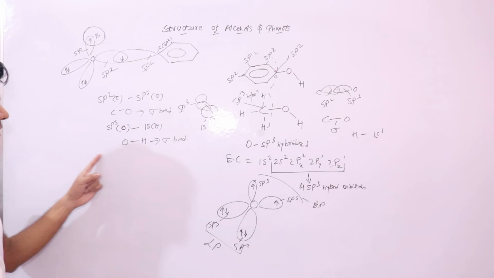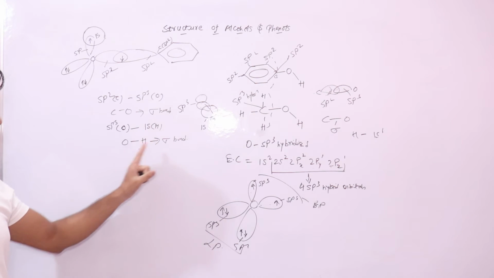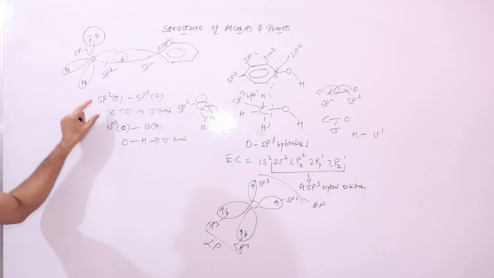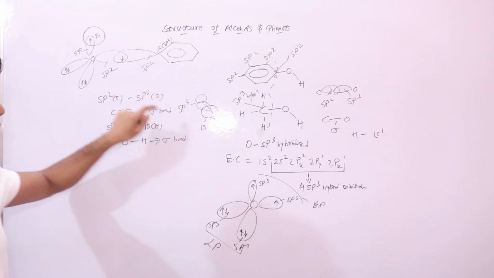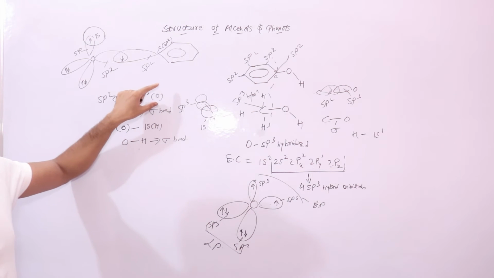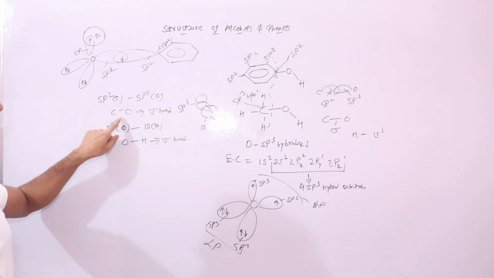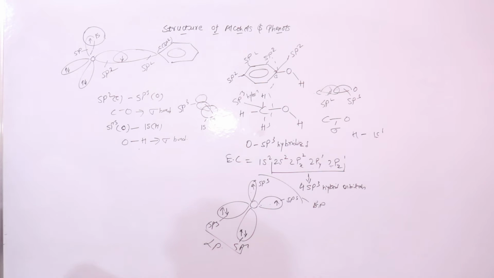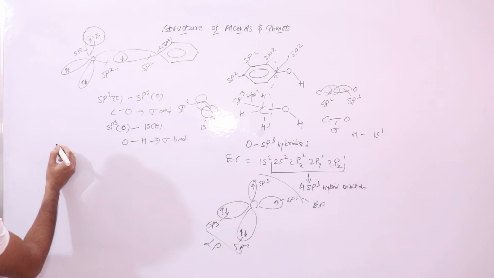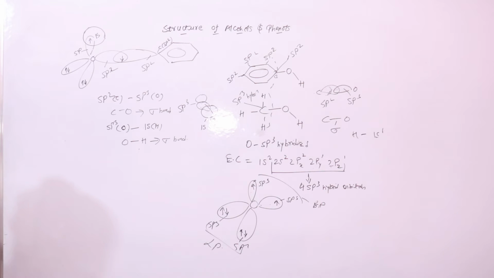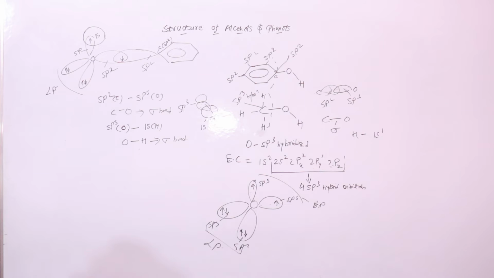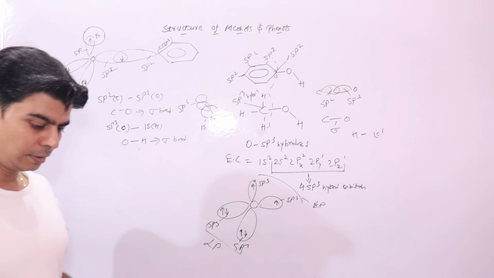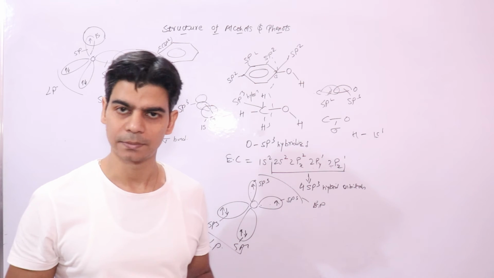The sp3 orbital of oxygen overlaps with the 1s orbital of hydrogen to form this OH bond, and the sp2 hybrid orbital of benzene carbon overlaps with the sp3 hybrid orbital of oxygen, like this, to form the CO sigma bond. This is how bonding takes place. And these two are lone pairs, and we know that the sp3 hybrid orbital has a tetrahedral shape.